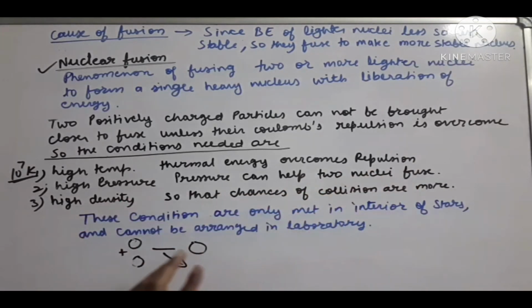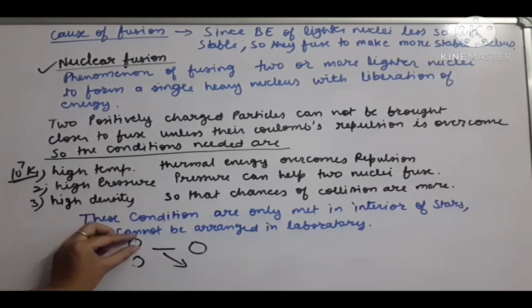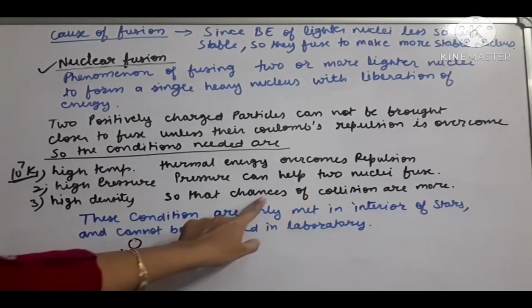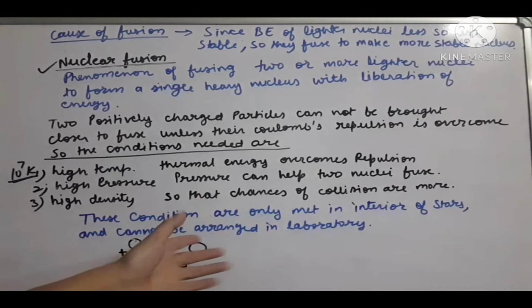Then high density. High density means the abundance of hydrogen nuclei should be high, so the chances of collision will become more frequent.